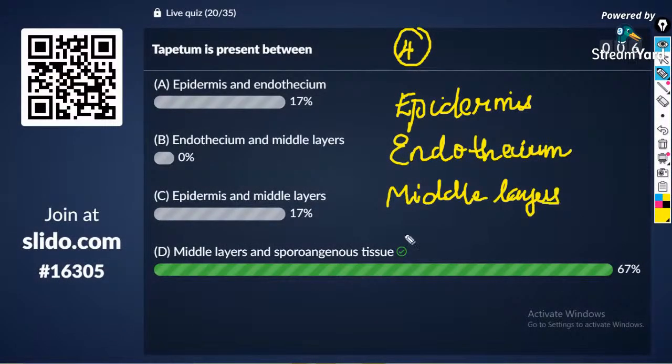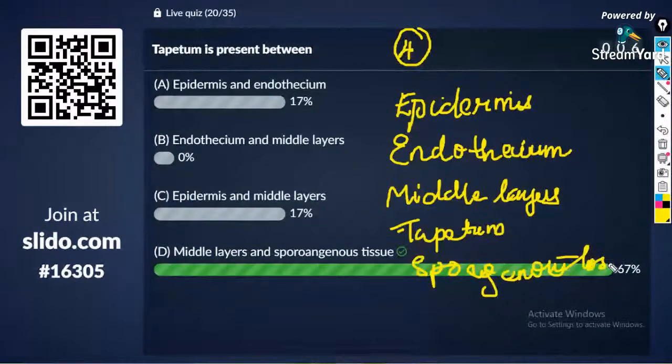Last one is the tapetum. And inside the tapetum, you have the sporogenous tissue. Okay, so tapetum is present between middle layer and sporogenous tissue. Take care of the next question on your screen.